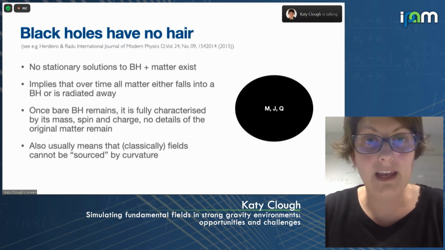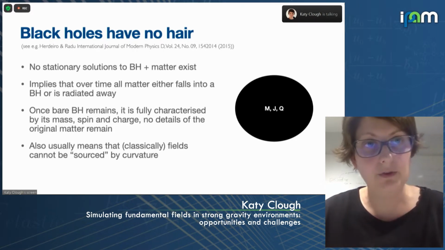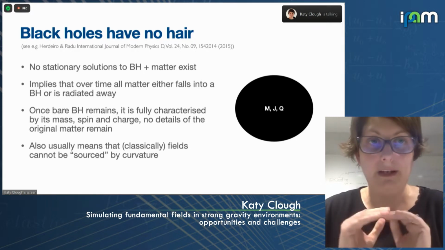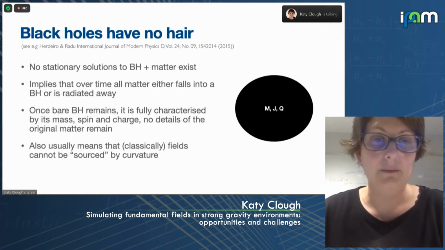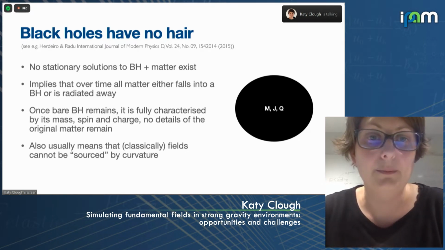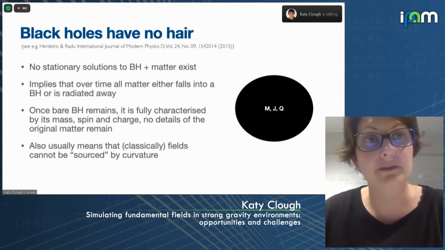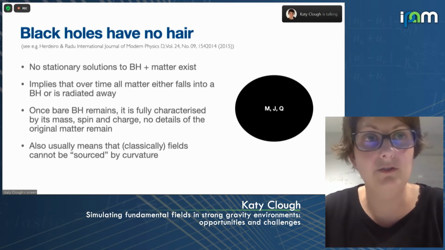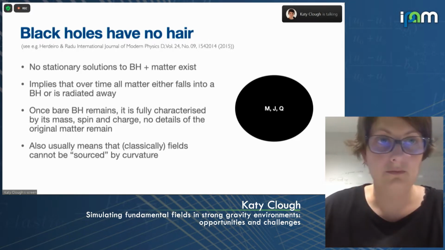That's not the case in some modified gravity theories, where the curvature can actually act as a source of the hair. I won't be talking about those. I will be focusing purely on GR plus minimally coupled fields, the absolutely simplest case. But some of what I say could be relevant in cases where the scalar represents an additional degree of freedom in a modified gravity theory. But I won't touch on that.